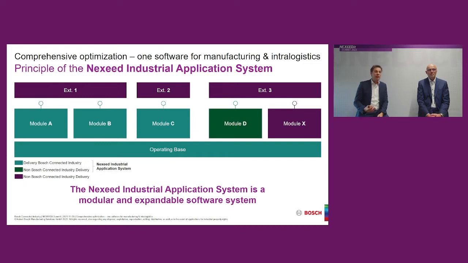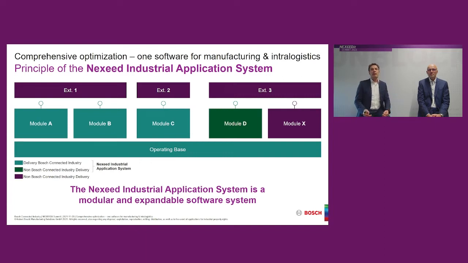And by design of this principle of Nexeed IAS, partners can extend their own functional modules or further extensions based on these existing modules by themselves, here marked in the purple color. On the one hand, we have managed to develop a broad and comprehensive solution for different application purposes.